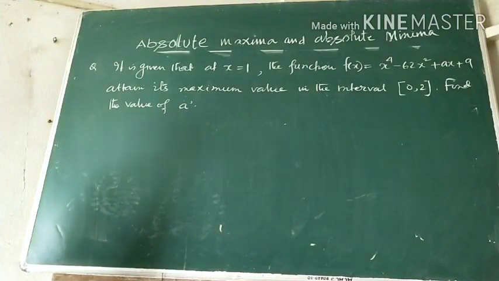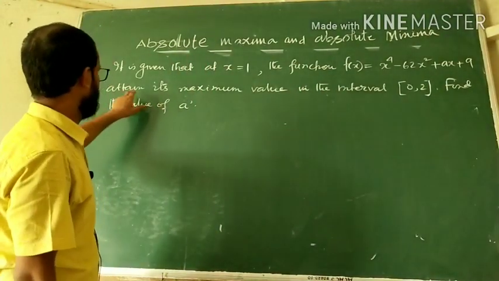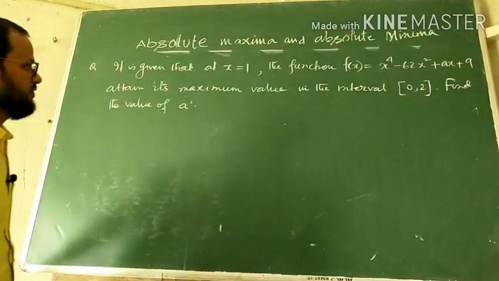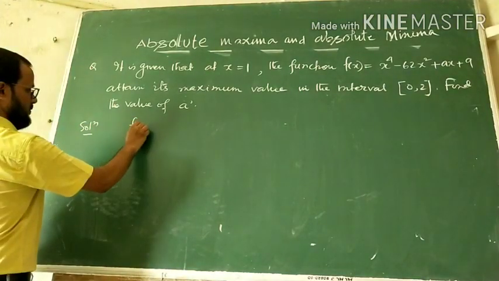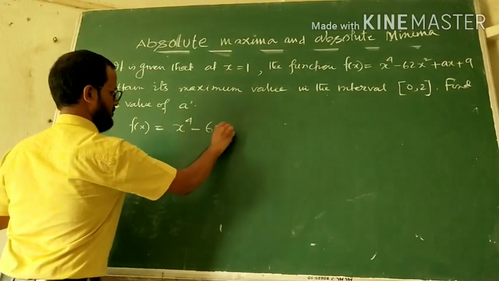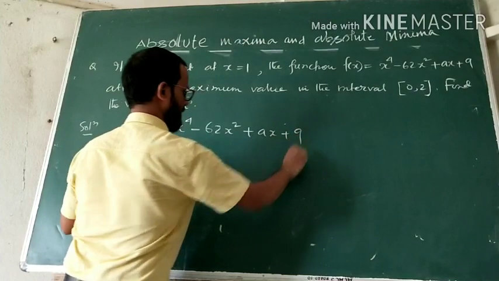Means in this closed interval, the function f(x) attains its maximum value at x equal to 1. What is the value of a you have to find? So your given function f(x) equal to x to the power 4 minus 62x square plus ax plus 9.